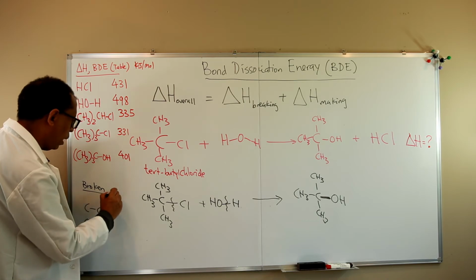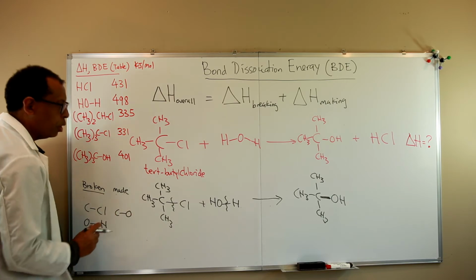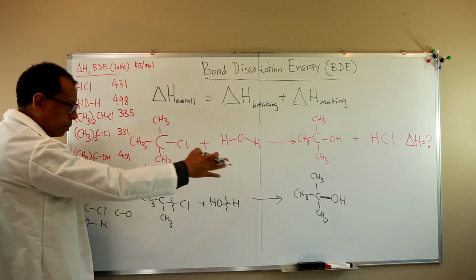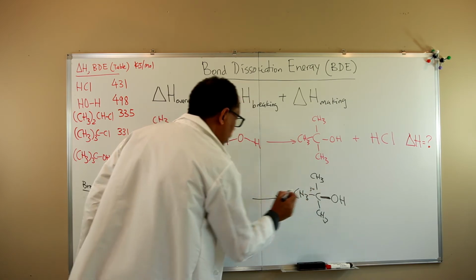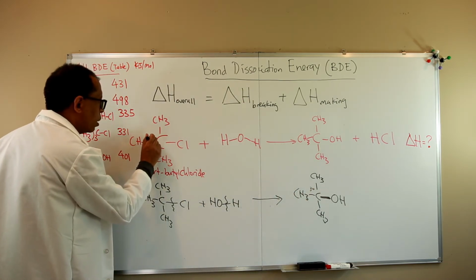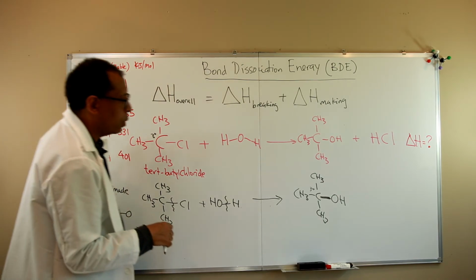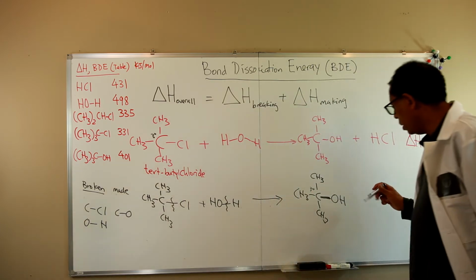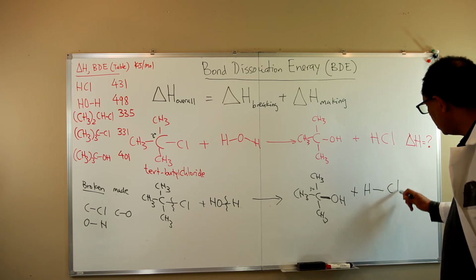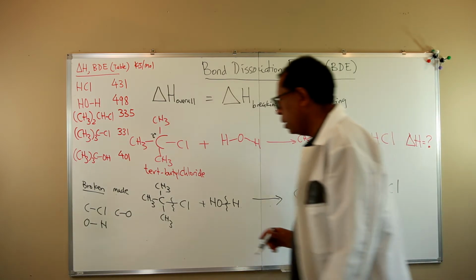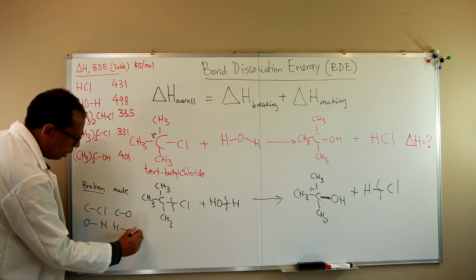I'll just put made: carbon-oxygen, newly made on a tertiary carbon. Remember, it's on a tertiary carbon. We call it tertiary because there is a value for secondary as well. Here we also have H and Cl being made, so it is hydrogen and Cl.